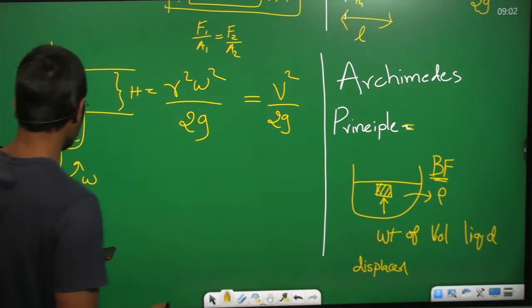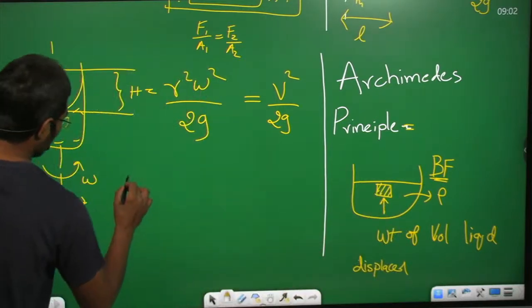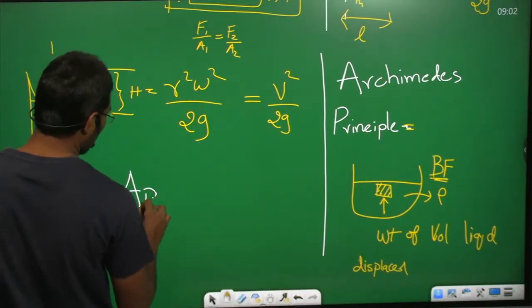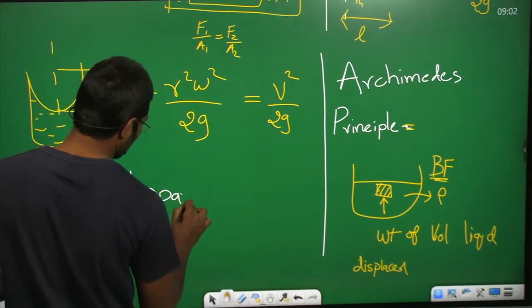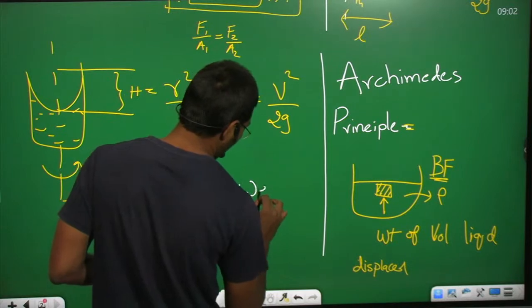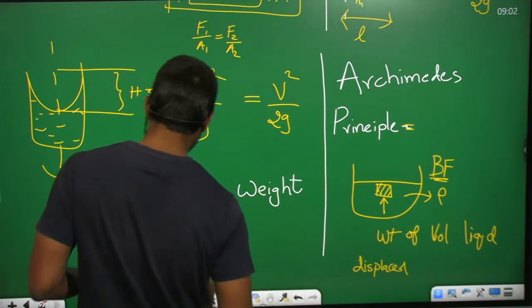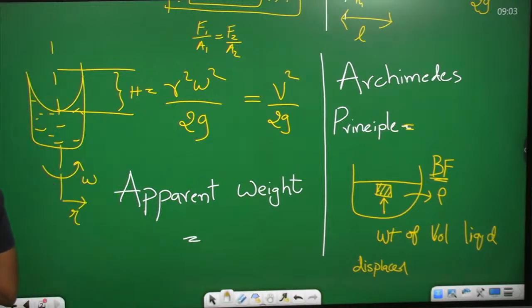So how do you represent apparent weight? In exam you will be asked direct question. What do you mean by apparent weight? When a body is immersed in a liquid, what do you mean by apparent weight?